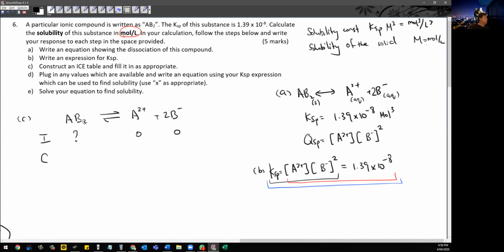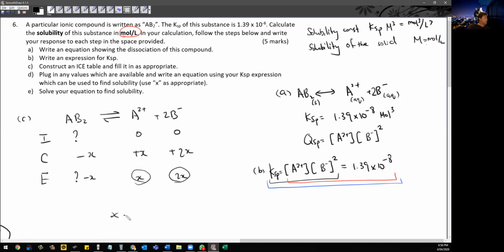Change: because this is going into pure water, some of this will dissolve, so this goes down by a certain amount, minus x, and this will be plus x and plus 2x. Then the equilibrium will be this minus x, and x, and 2x, of course.